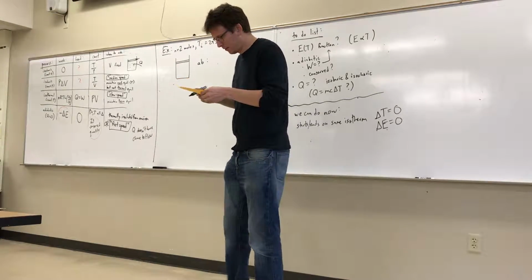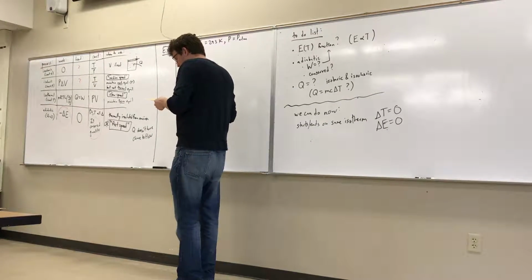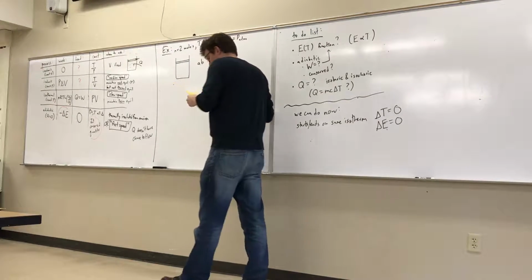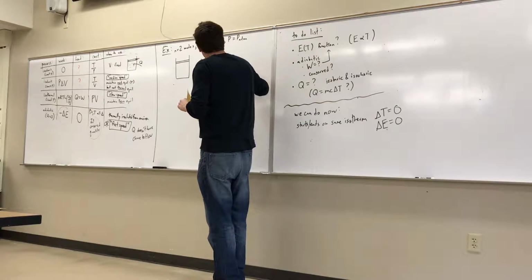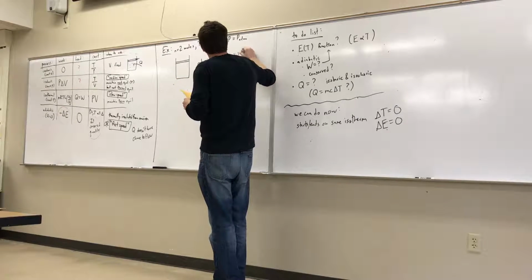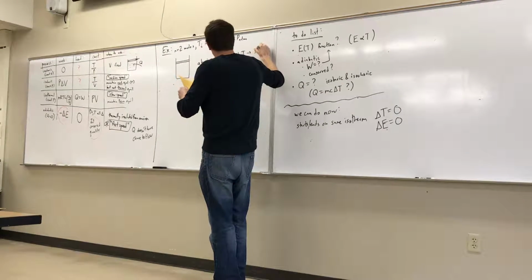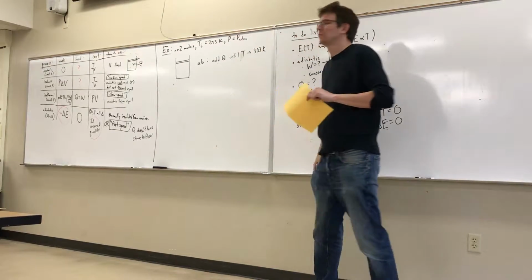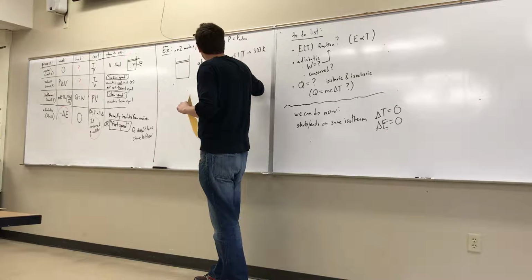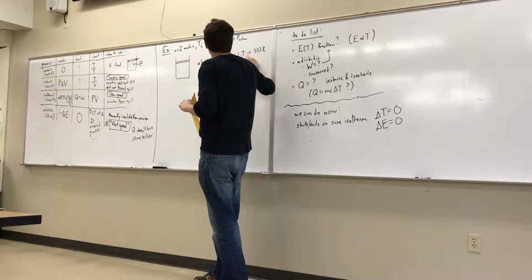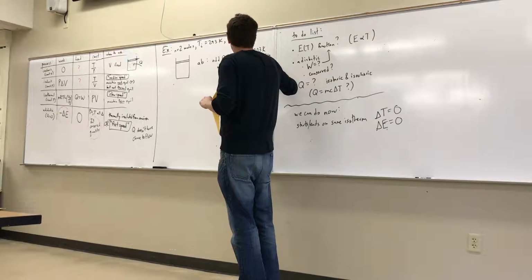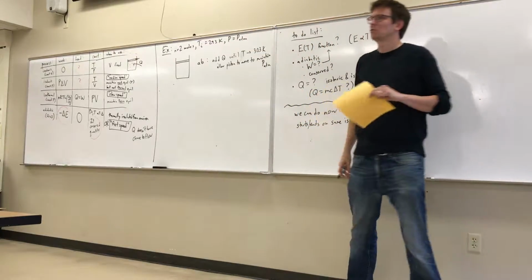So I'll call this step AB. Step AB is I'm going to add heat until the temperature has increased to 303 Kelvin, but I'm going to allow the piston to move to maintain atmospheric pressure in the container.